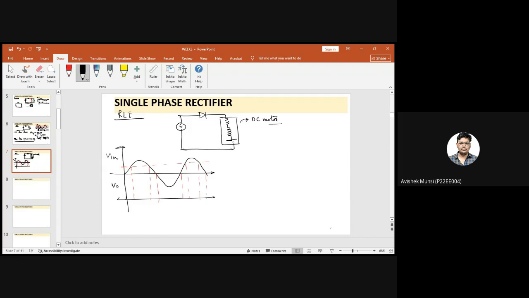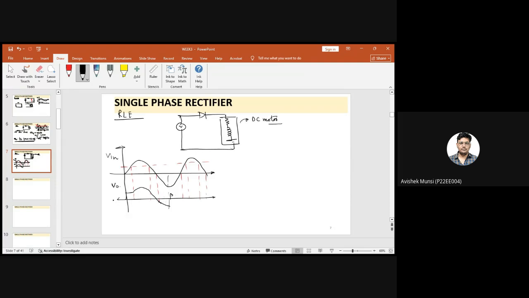For the L load, what will happen? It starts conducting after E, but it will conduct up to this point, and again it will start and conduct. So this will be my extension angle beta, because L will store some charge for some time period.